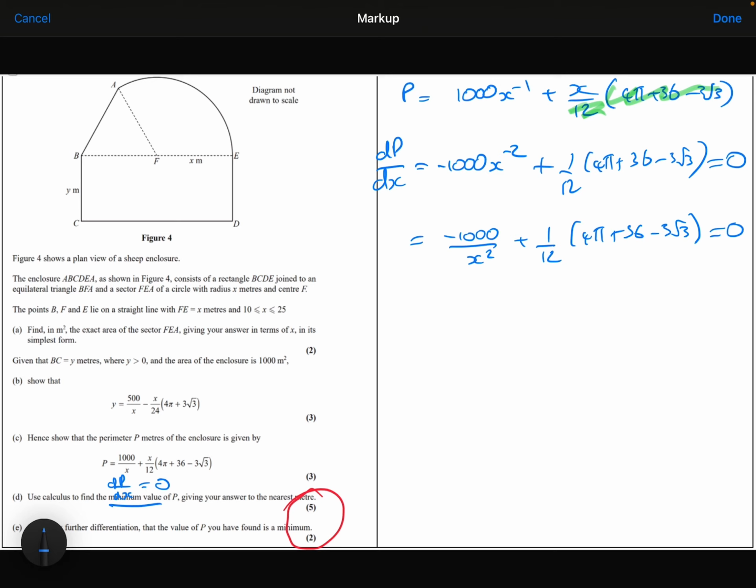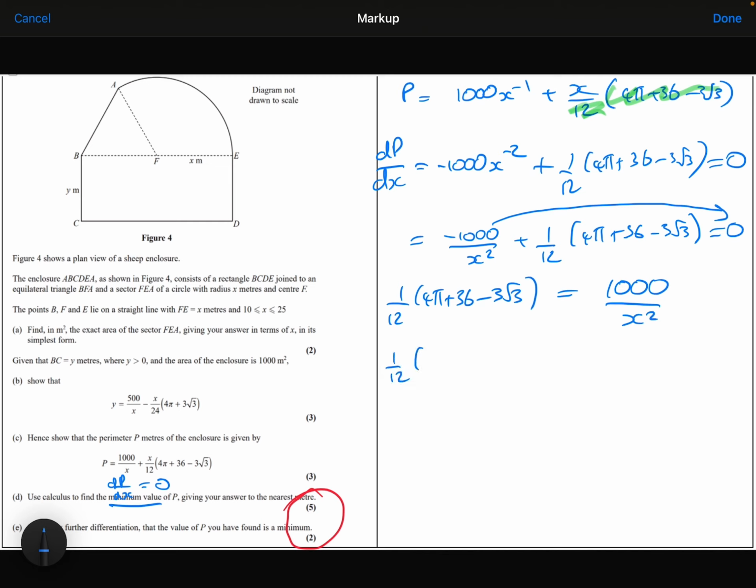I'm going to move this to the right hand side so it becomes a positive. I am now going to multiply both sides by the x squared.